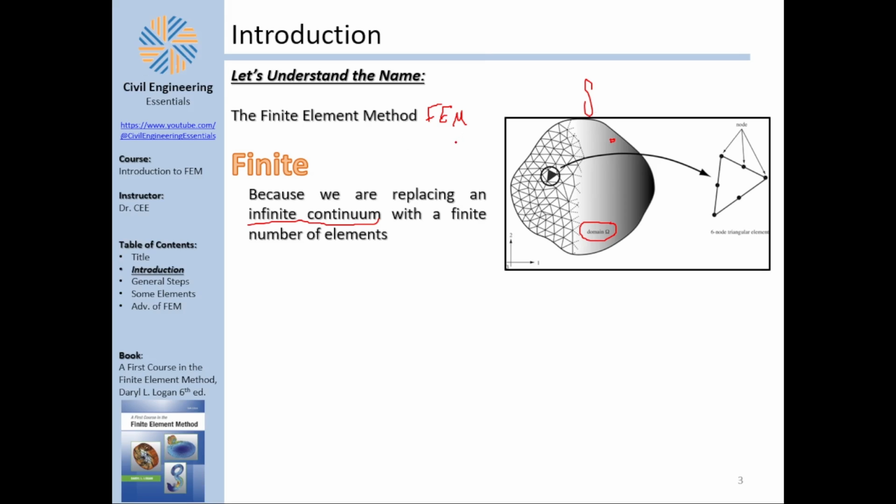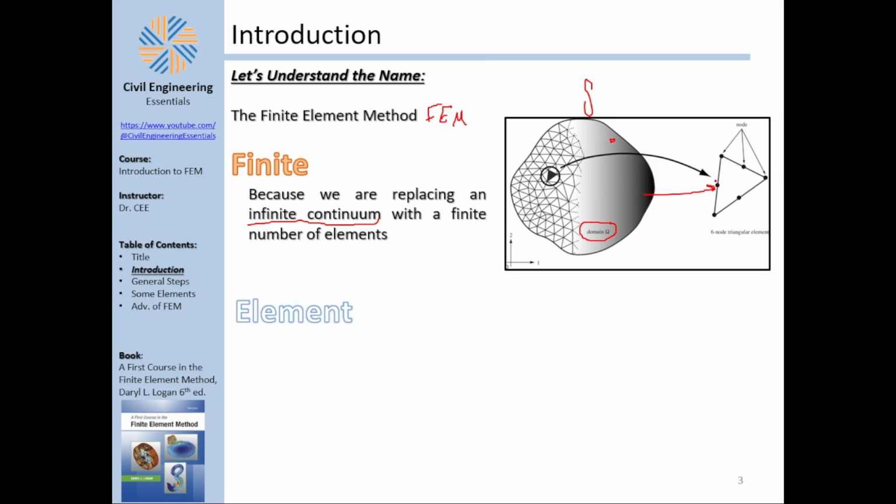Now, the finite element method takes this infinite continuum and tries to approximate it by converting it into a finite number of little pieces. And that's why we call it finite. Now, why is it called element? Because those pieces are called elements. So you are converting the infinite continuum into a finite number of elements.